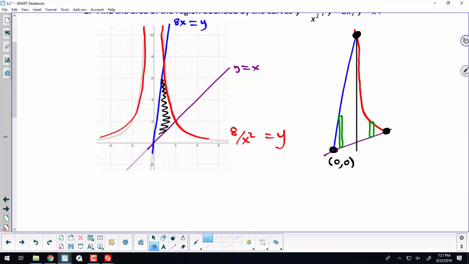So also with these problems, you have to determine where these curves or lines intersect. You have to determine points of intersection. So this point up here, let me just label that point 1. Point 1 is simply where the blue curve intersects the red curve. That's simply where 8x is equal to 8 over x squared.